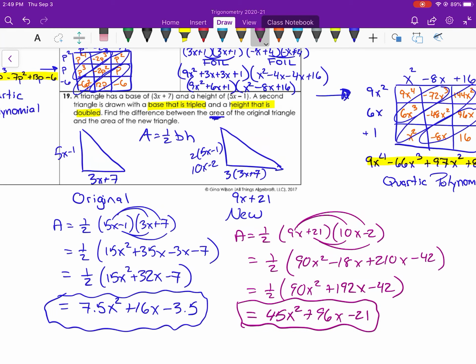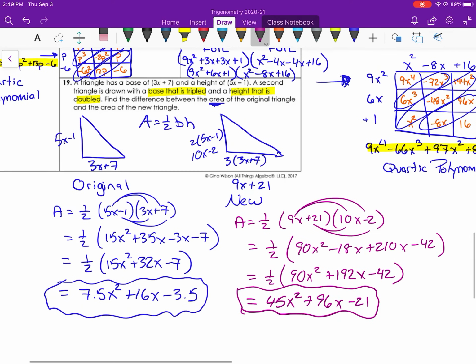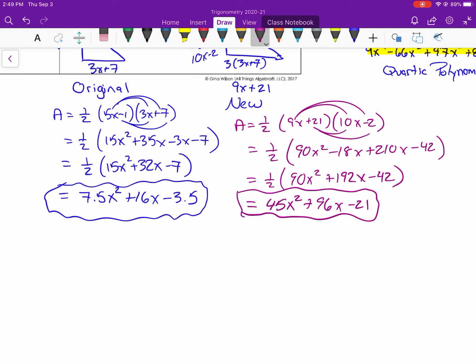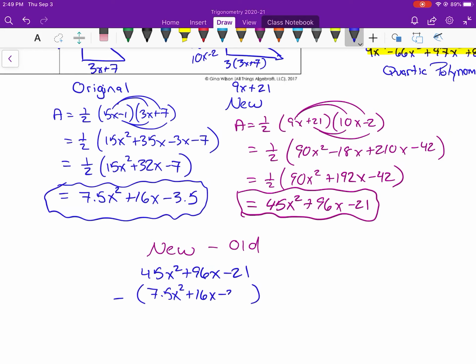Alright, sorry. I know it's painful. I know it's the first lesson, but I'm going to get all the kinks and knock the rust off. So we need to find a difference here. So we have to do new minus old. Alright, and all I do is I'm going to stack this horizontally. So I'll do 45x squared plus 96x minus 21 minus 7.5x squared plus 16x minus 3.5.